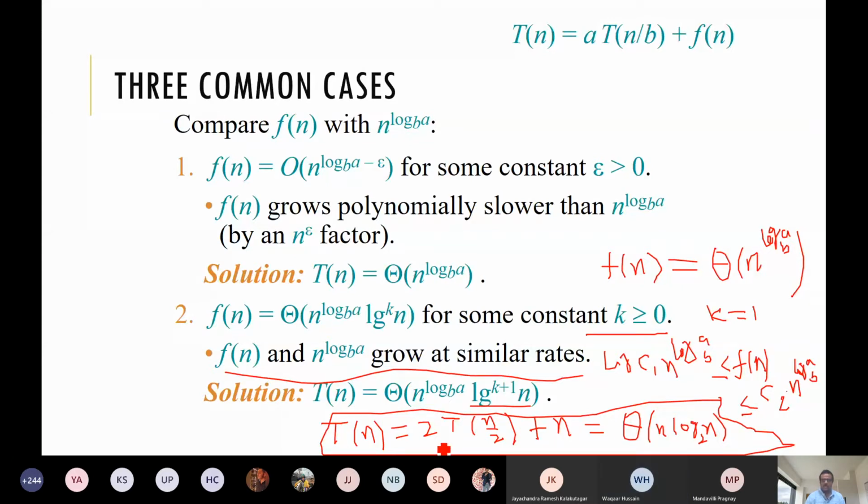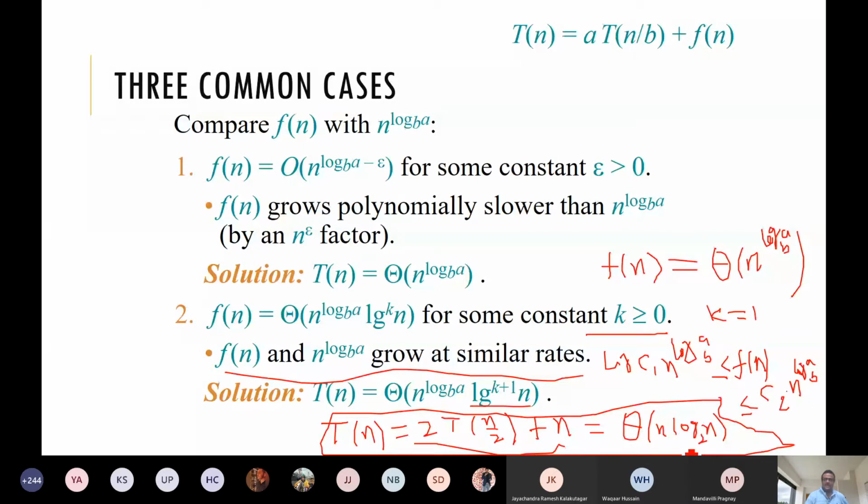So for merge sort we have this recurrence. It is basically case 2 of the master method where k is 0. Since k is 0, the solution will be n to the power log a base b, and putting k equal to 0, it comes to log n. That's why it is n log n.